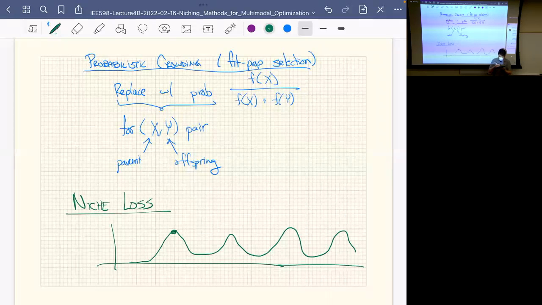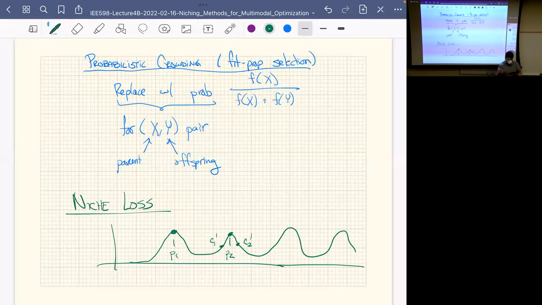Let's say this parent was already sitting up here. This is P1, and we've got some other parent that's maybe over here, P2, and they end up having offspring. Let's say both of your offspring, just due to recombination and mutation, happen to be both over here. So this is C1 prime and this is C2 prime.